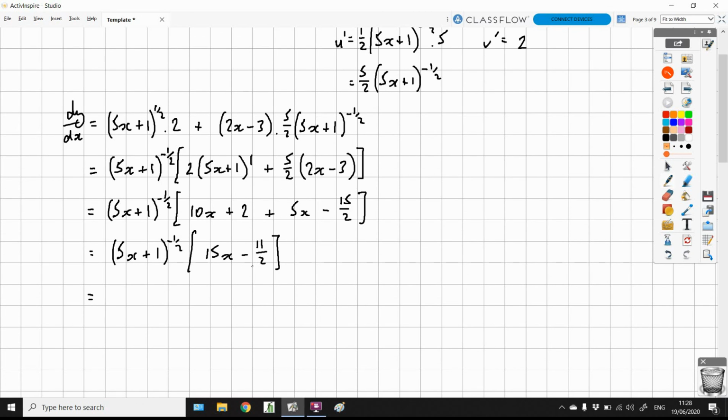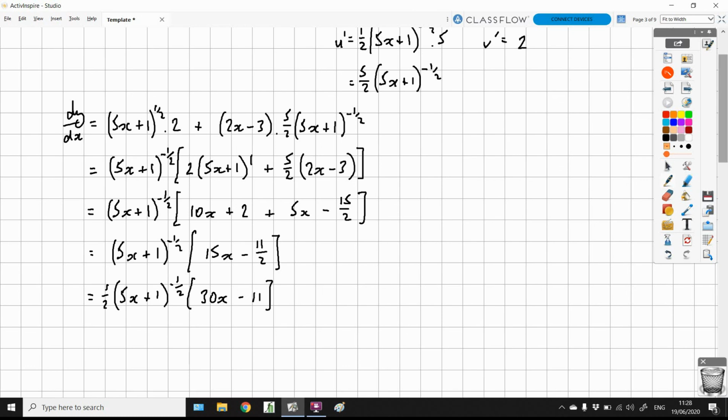I'm going to remove a factor of a half from here and pull it all the way out the front. And that means, just tidy this up a little, there we are. That means a half times something has to make 15x, so that's going to be 30x. And a half times something has to make negative 11 halves, so that's going to be negative 11. So we've managed to make that a bit more presentable.